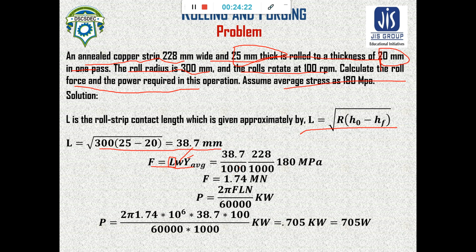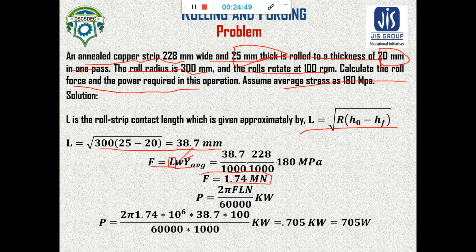We are changing millimeter to meter. So in meters, L is equal to 38.7 by 1000 and W is equal to 228 by 1000, into 180 megapascal. That gives us 1.74 meganewton.